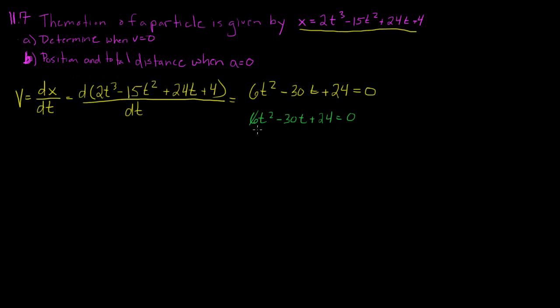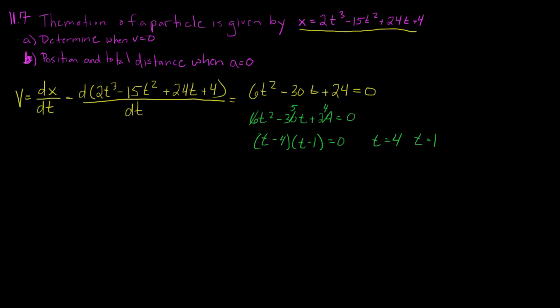We can take a 6 out of the equation, and we get t squared minus 5t plus 4, and this is t minus 4 times t minus 1 and is equal to 0. So t is equal to 4 and t is equal to 1.